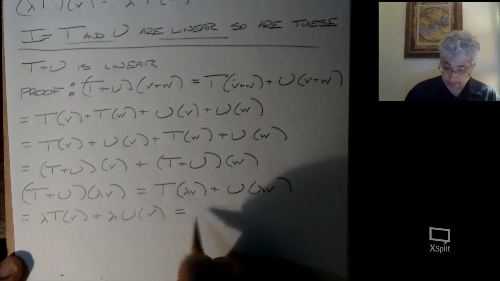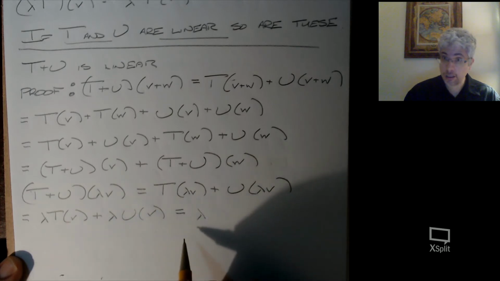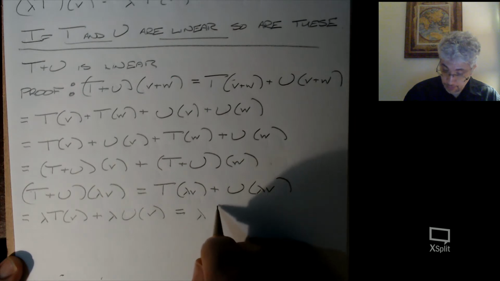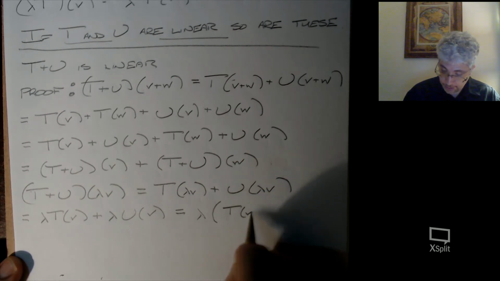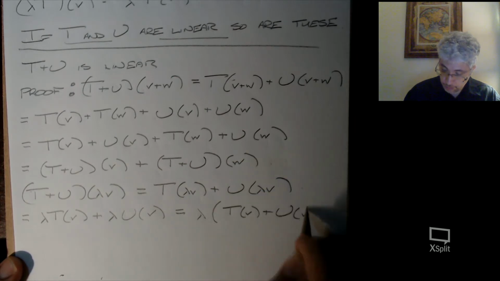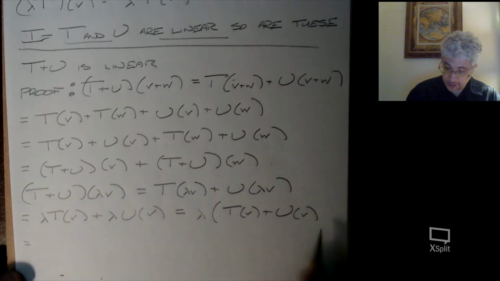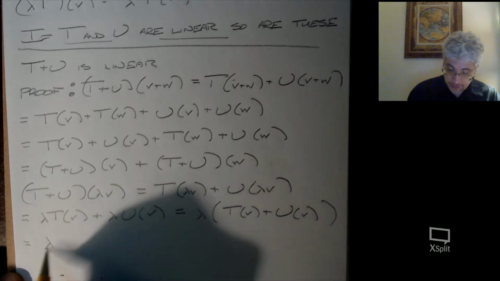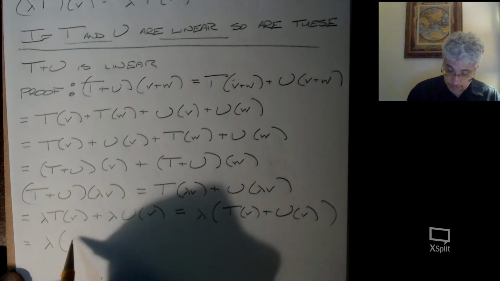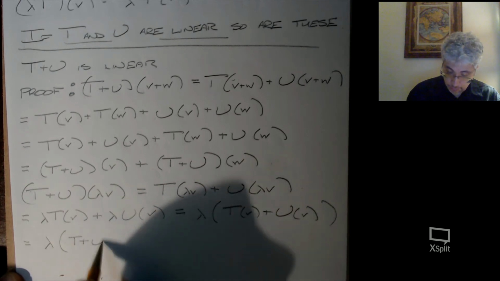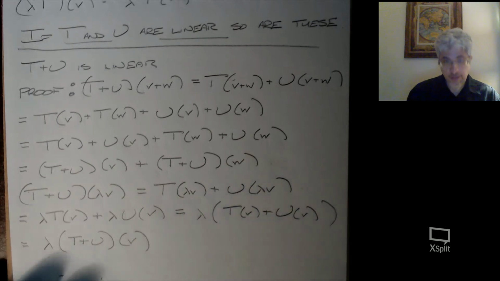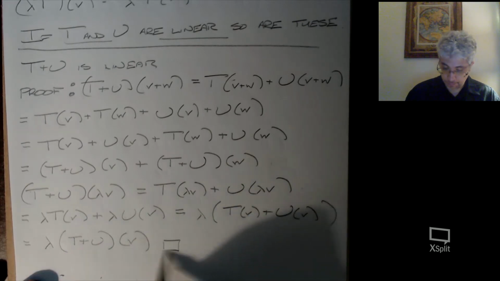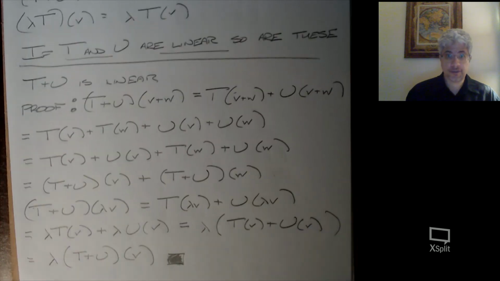Well, I can pull out a lambda. This is taking place where? In W. So this is lambda times (T of v plus U of v), which is the definition of (T plus U) of v. So that proves that T plus U is a linear map.